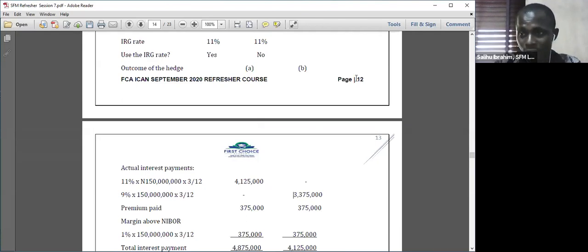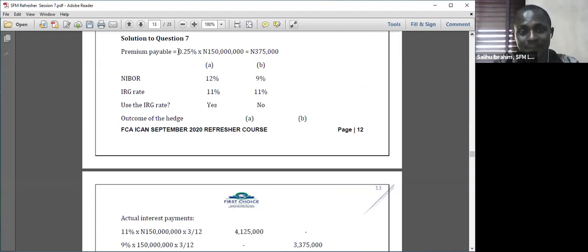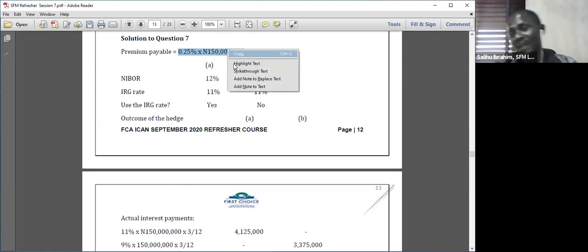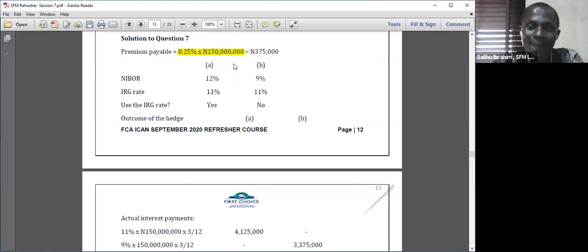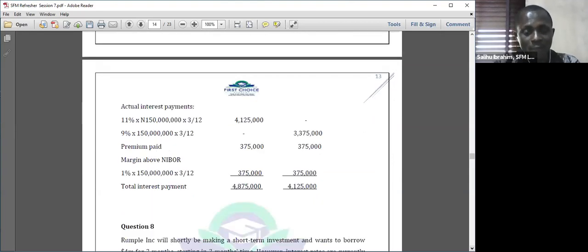I think I computed it somewhere. Look at the premium payable here. It's 0.25%. You don't prorate the premium. The premium is straight, okay? Just multiply the premium rate by the amount of exposure. So this is my premium payable. That premium will increase my payment.